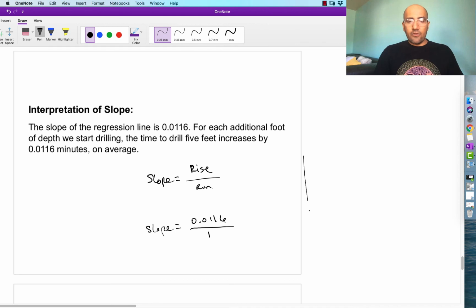And then let's think about our units, right? Going in this direction, we had depth in feet. How deep are you when you start drilling?